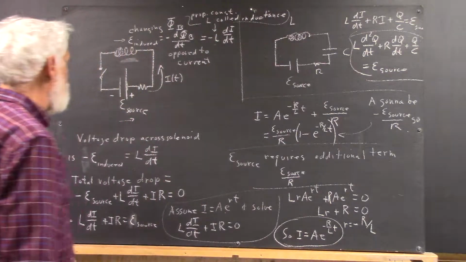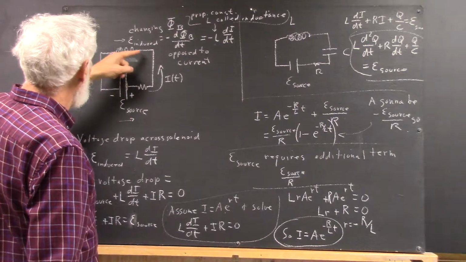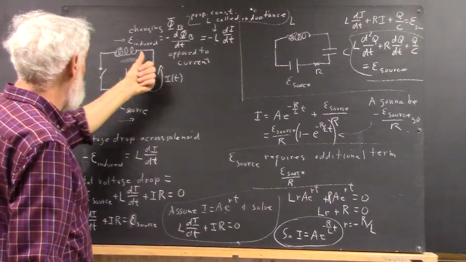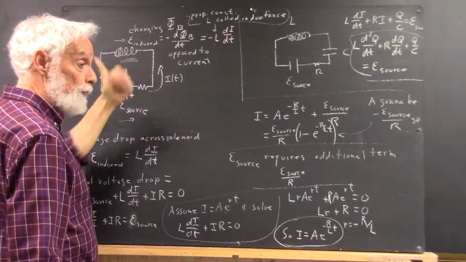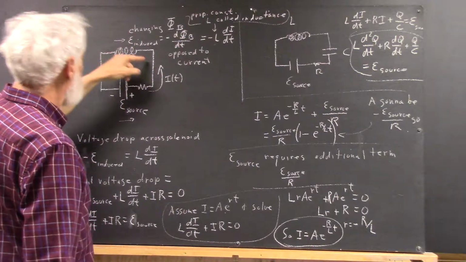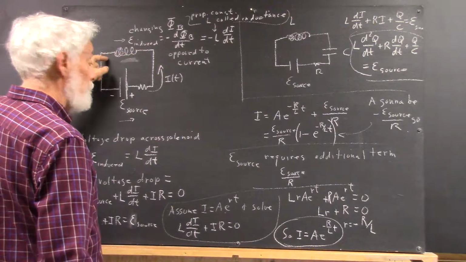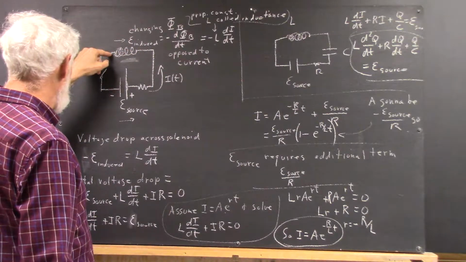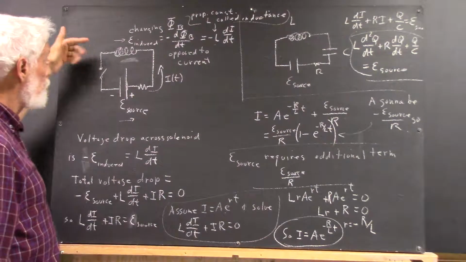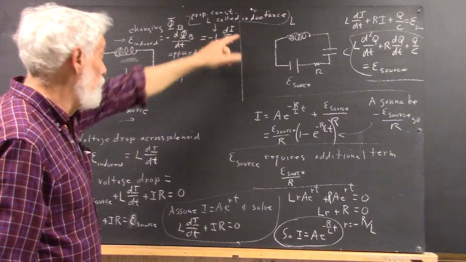Now, the voltage drop: if we go around the circuit in this direction, the voltage drop is in this direction, because the EMF is in this direction, which means this is at higher potential than this. So you drop potential as you go from here to here. The voltage drop is equal and opposite to the induced EMF, so that's the negative of the negative L di/dt.